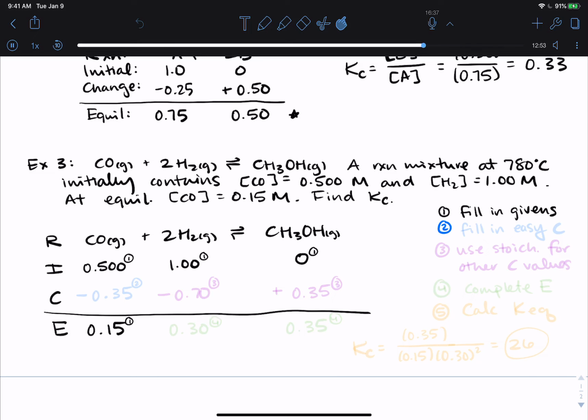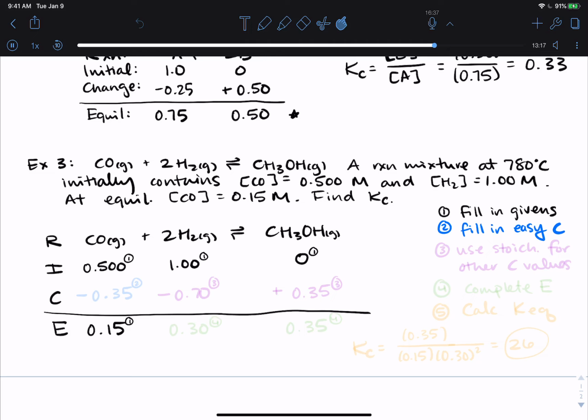The next step is to fill in any part of the change row that's easy to calculate. So fill in the easy C. And if you look at this, basically in our column initial change equilibrium, there's only one component that we have 2 out of 3 for.